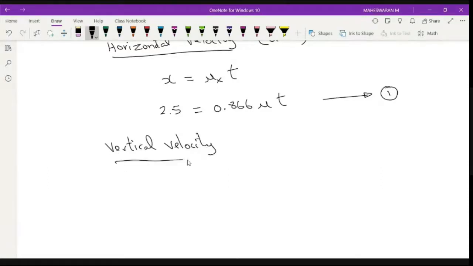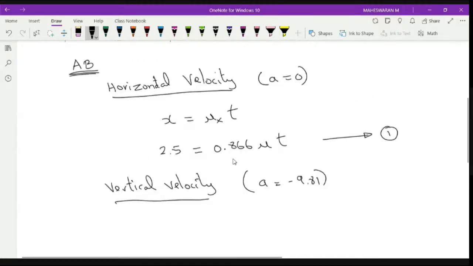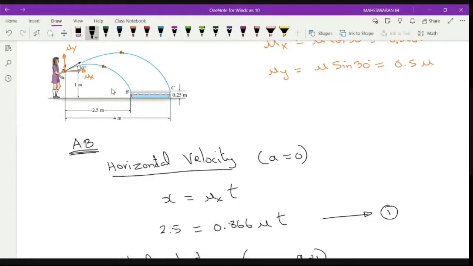When I consider vertical velocity, my acceleration is minus 9.81. Again, I am going to consider only the last term because I have data only for this S. From the initial point to the final point, the distance with respect to this is my S value, that is y.